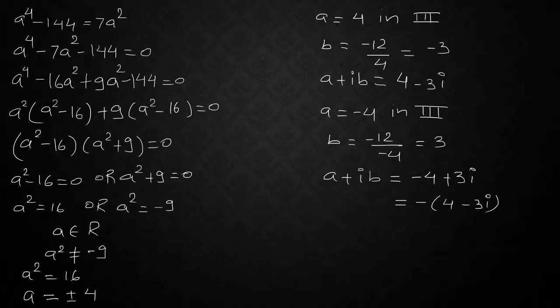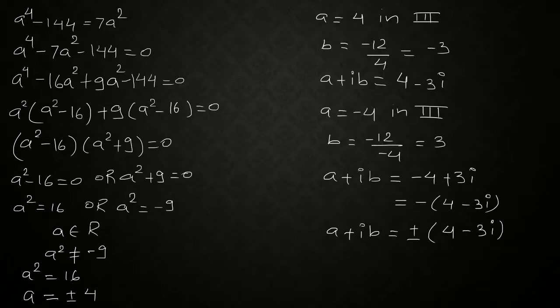So the two answers of a plus ib are plus minus, in bracket, not under root, 4 minus 3i. This is the answer of a plus ib we obtained.